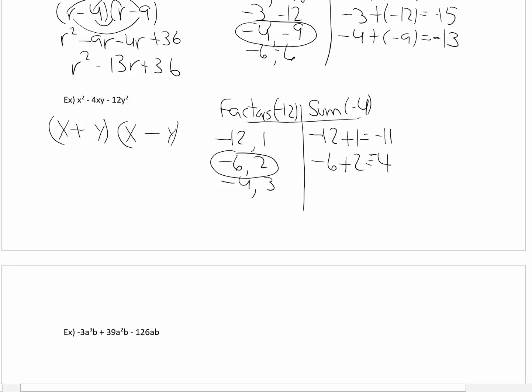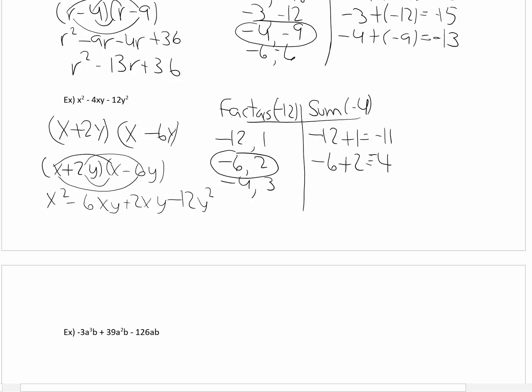So the positive factor, that's the 2. The negative is 6. Let's check to make sure that this works. And it does indeed work here.